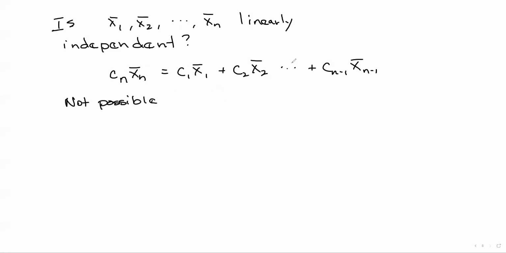Now, the issue is that it's guaranteed to be possible if we just take all of the C subscripts and make them 0. So what we mean by not possible is that the only way this could be true is if C1 equals C2 equals ... equals Cn equals 0.